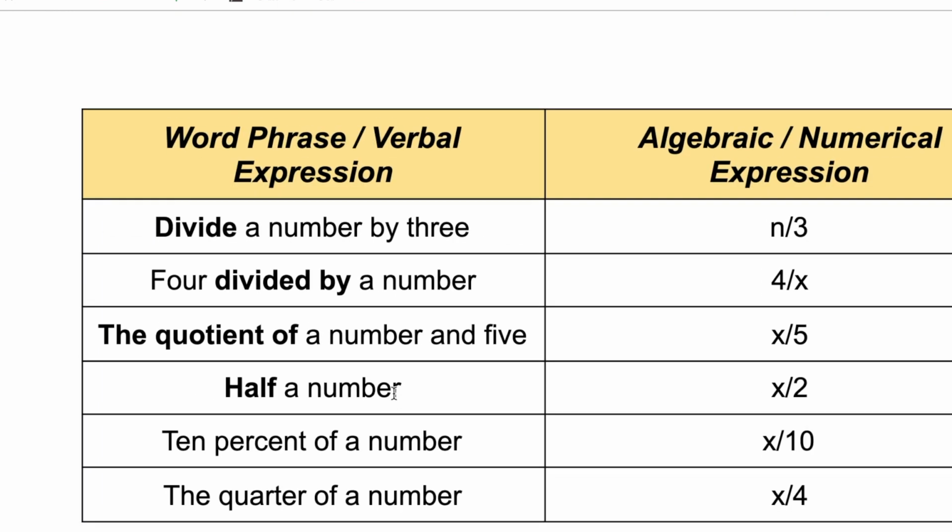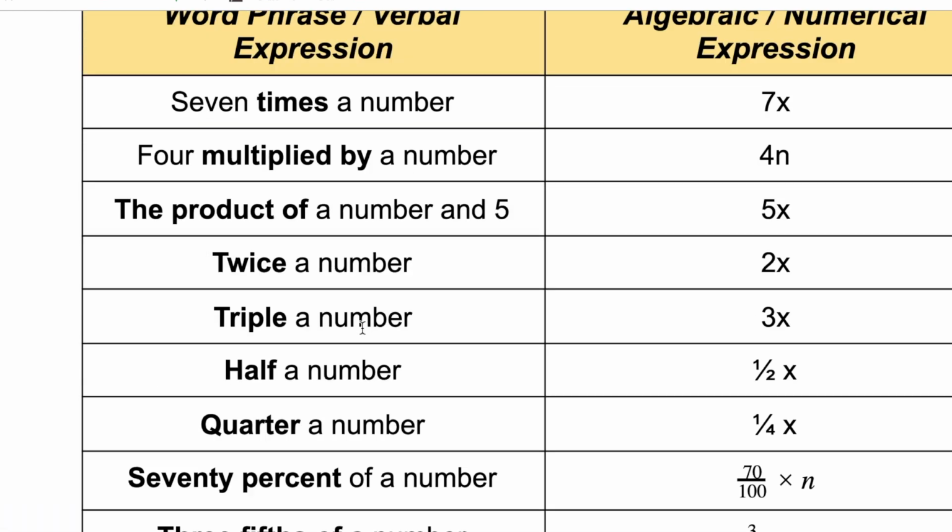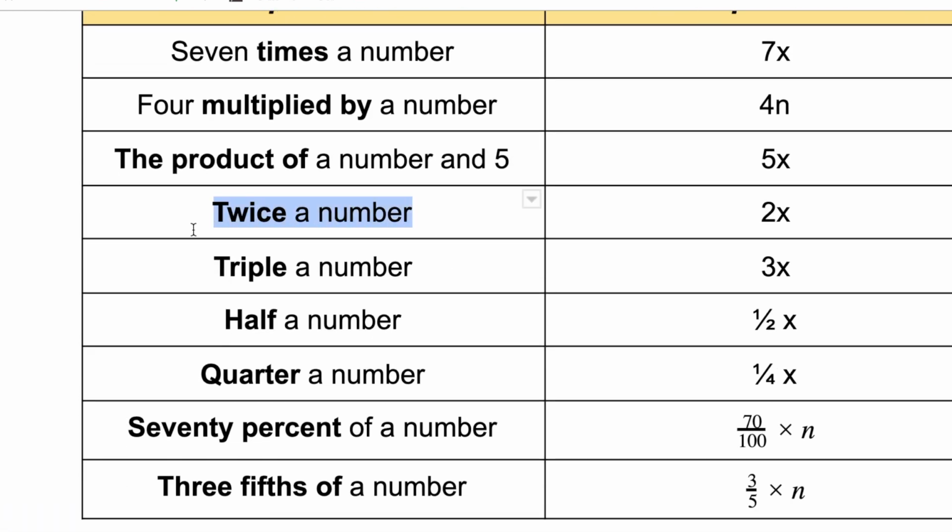The next one, the quotient of, remember quotient is division, the quotient of a number and 10 is 3 more than the same number. The next one is, let's try to use twice. Twice a number minus 5 is half the same number.